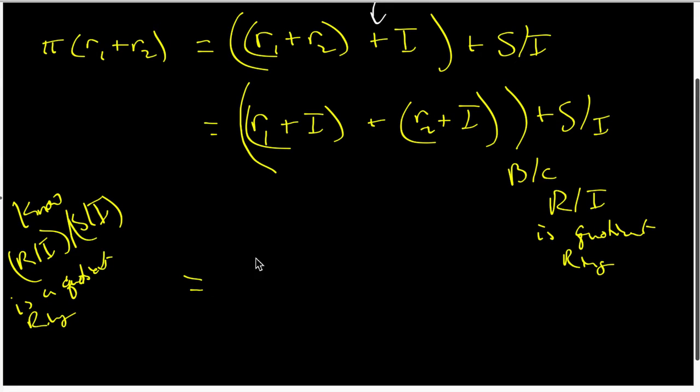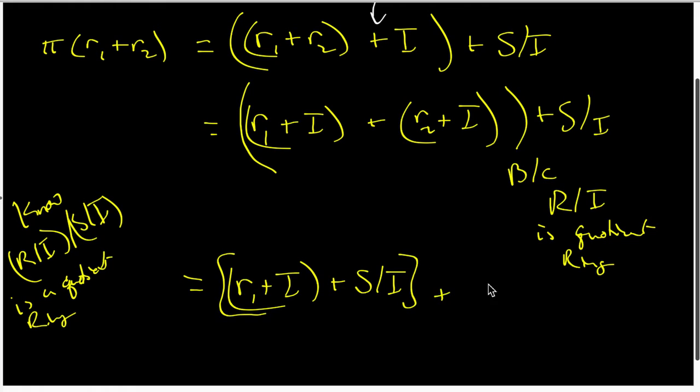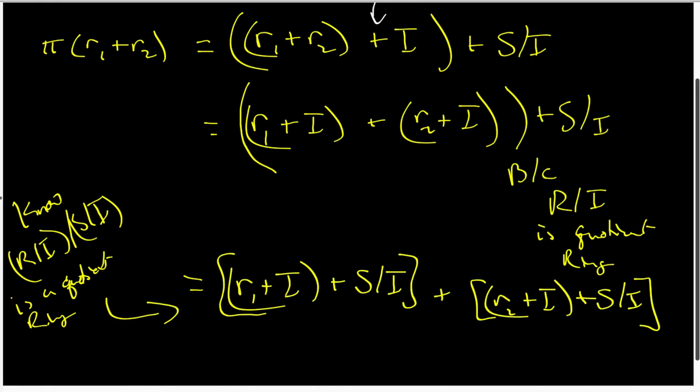So we can rewrite this stuff up here as r1 plus I plus S mod I plus r2 plus I plus S mod I. And this is because R mod I modded out by S mod I is a quotient ring.